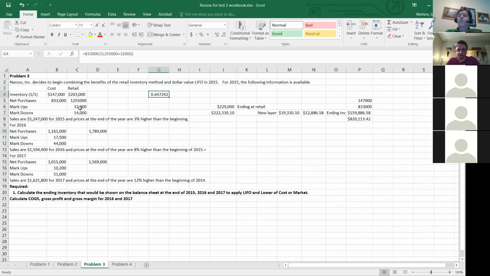If you're doing weighted average, if you're doing LIFO, if you're doing lower of cost or market or not. That LIFO, lower of cost or market, uses net purchases, retail, and markups. So that's where that came from.